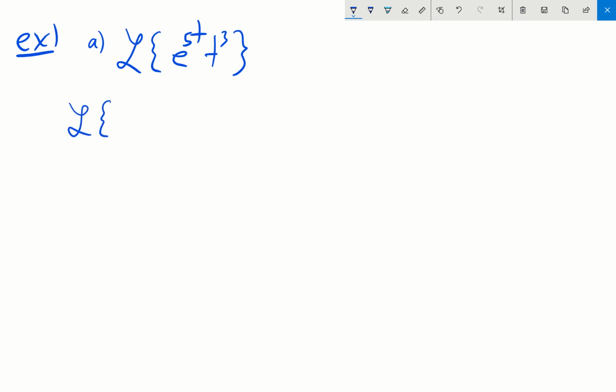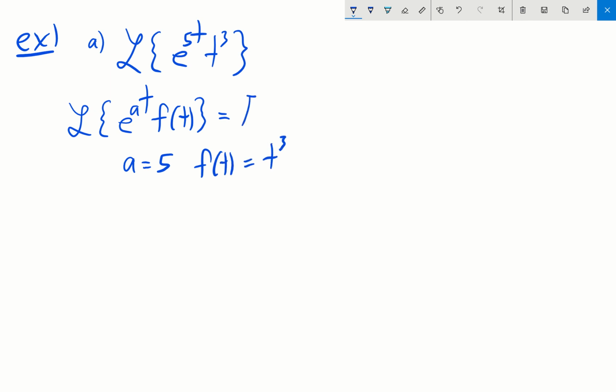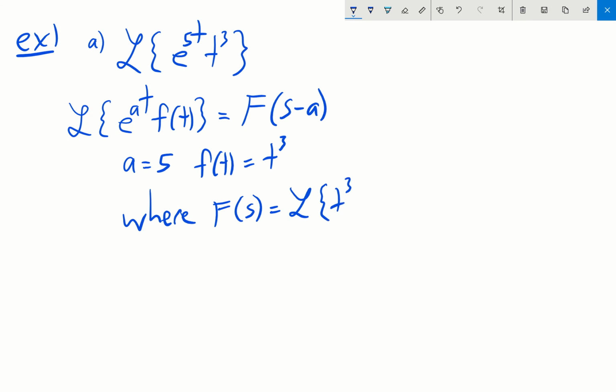This looks very much like the Laplace transform of e to the at times some function of t, where a is played by the role of 5, and f of t is the function t cubed. We know that this is going to be equal to capital F of s minus a, where capital F of s is the Laplace transform of t cubed.